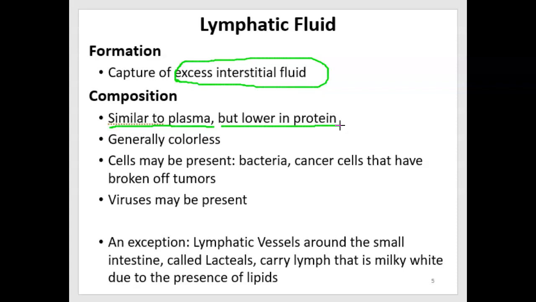Water is one of the primary things that escapes the blood, and very, very small molecules. So like interstitial fluid, lymph is generally colorless, but there might be some cells present, like bacteria or cancer cells that have broken off of tumors, maybe viruses.